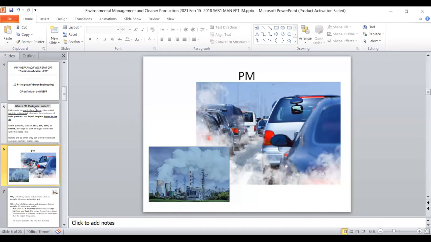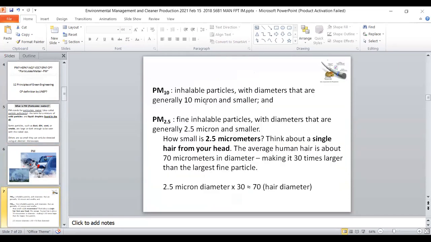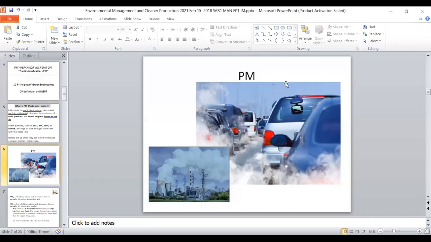That's why we have to have very basic knowledge about environmental pollution as well. These are related to air pollution.